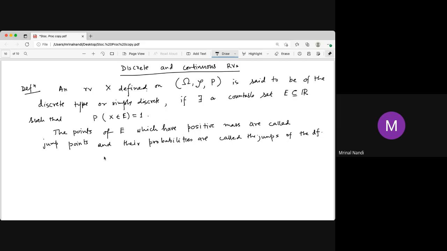Now the total probability must be 1. Note that E is a subset of the real numbers, and we want E to belong to the Borel sigma algebra, that is, to be a Borel set.